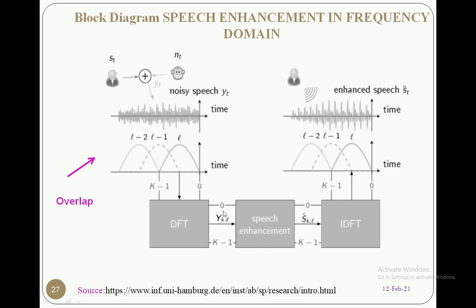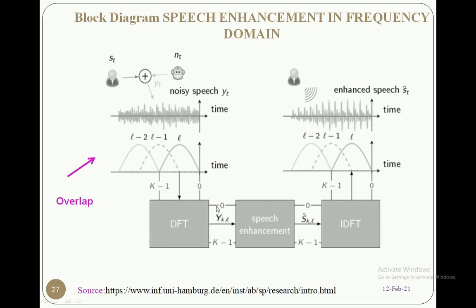The DFT coefficient is marked as capital Y(K, L), where K indicates the sample index, 0 to K minus 1 here, and L decides the frame. The DFT coefficients in frequency domain are used for the speech enhancement process.